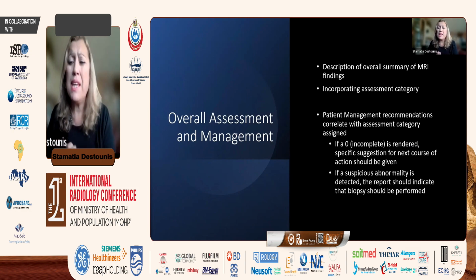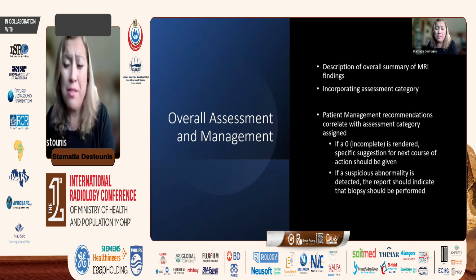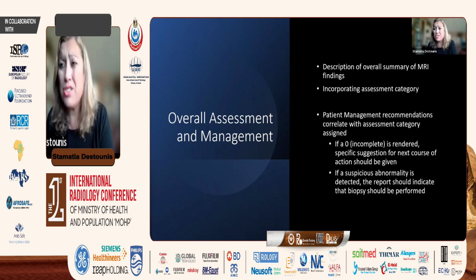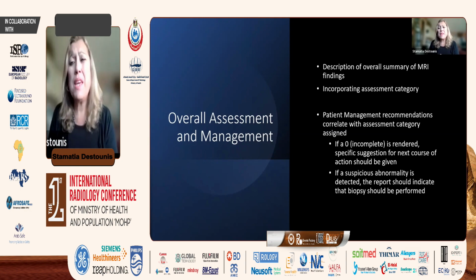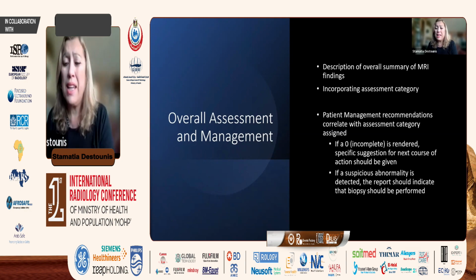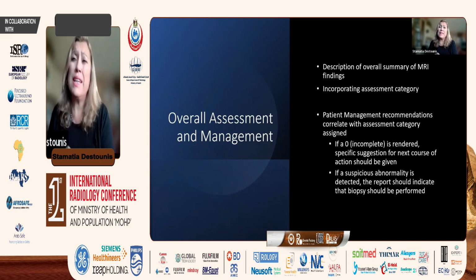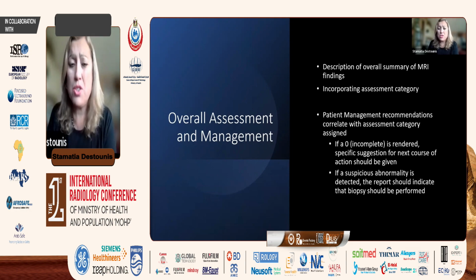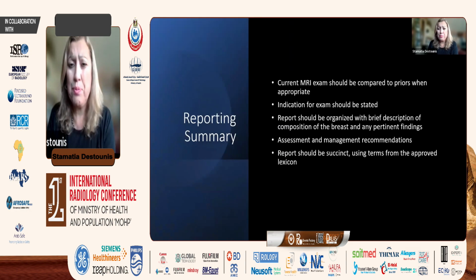If we give something a 0, which should hardly ever happen, then we have to make a specific suggestion for what else we need to do to get the answer for the patient and her clinical care team. What is the next action that has to be given? If we give something a 4, a suspicious abnormality, then the report should indicate that we're recommending a biopsy to be performed on that suspicious abnormality.